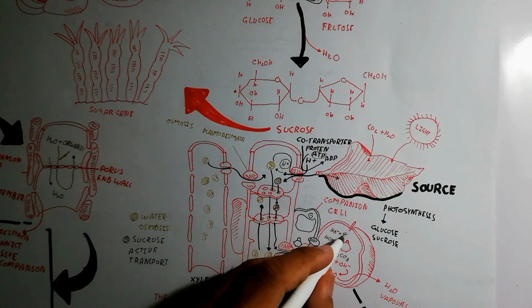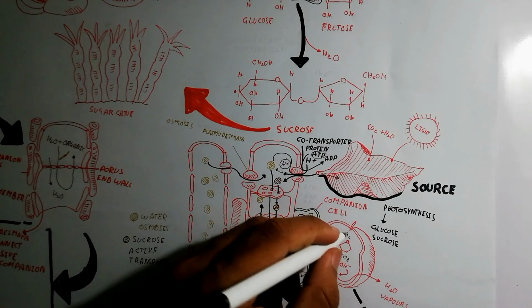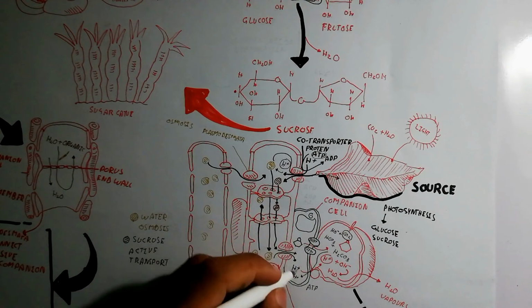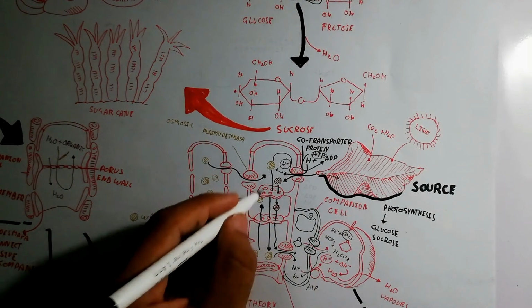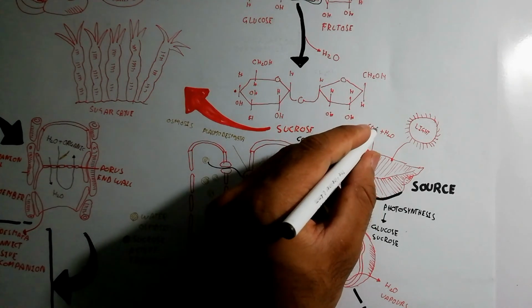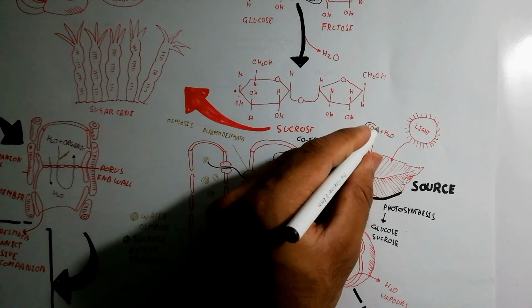Carbon dioxide is a gas used for more photosynthesis, and it is used in the Calvin cycle. The rest is released from the stomata. So here is the use of carbon dioxide.